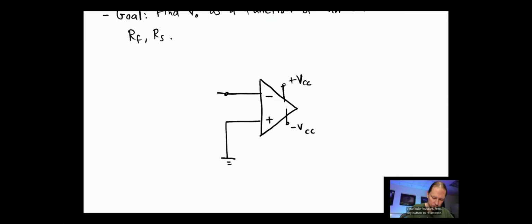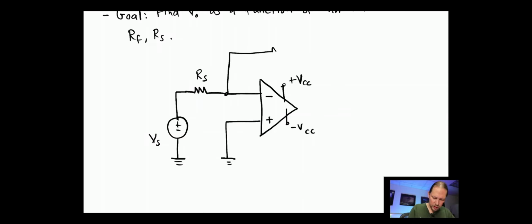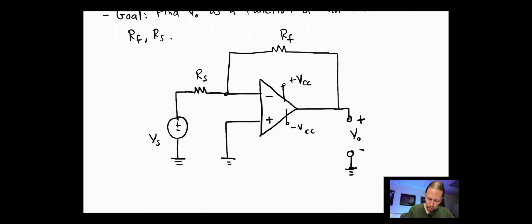At the inverting terminal, we have one resistor, RS, which is connected to our input voltage source, Vs. Then we have a negative feedback resistor that goes from the inverting input all the way out to the output, like so. And this is RF. And here we have our voltage output, V naught, like this.